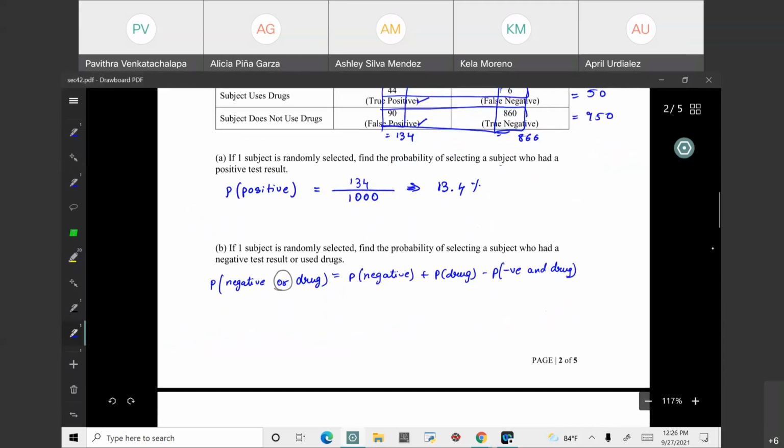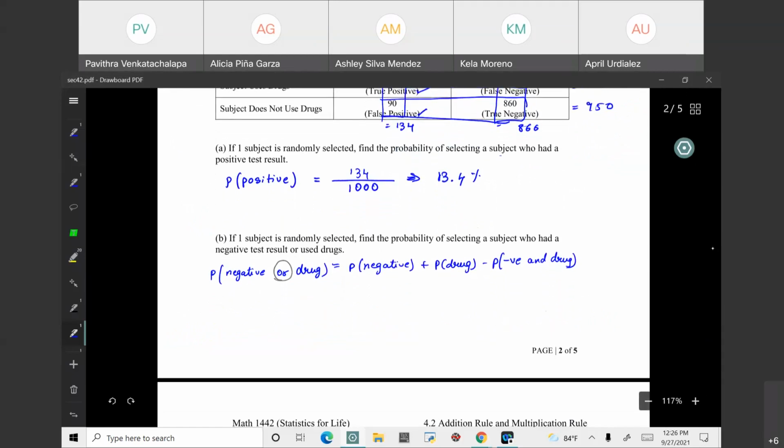Now, before I answer this, answer me this question. What is the total number of people present here? What is the total population? 1000, right? The total is 1000. Now, what is the total number of people who tested negative?